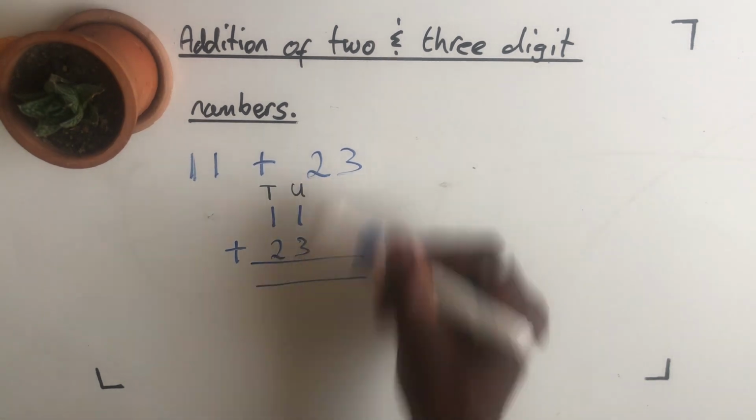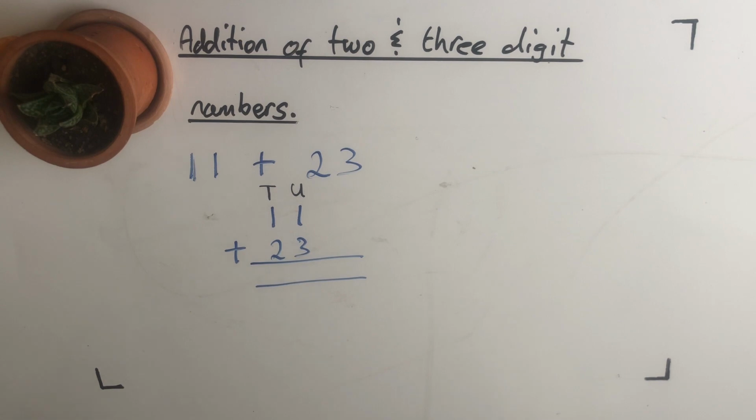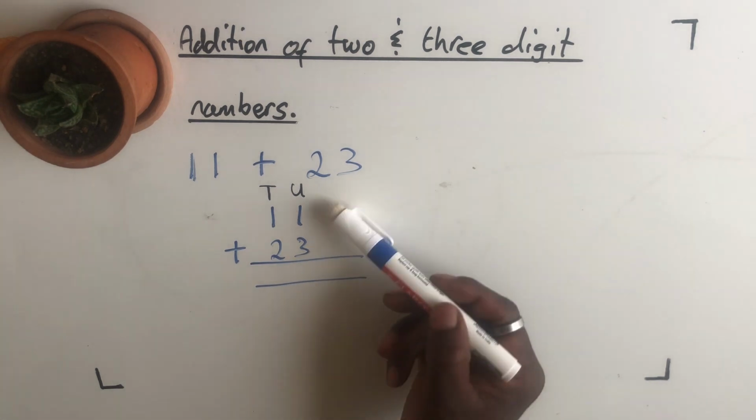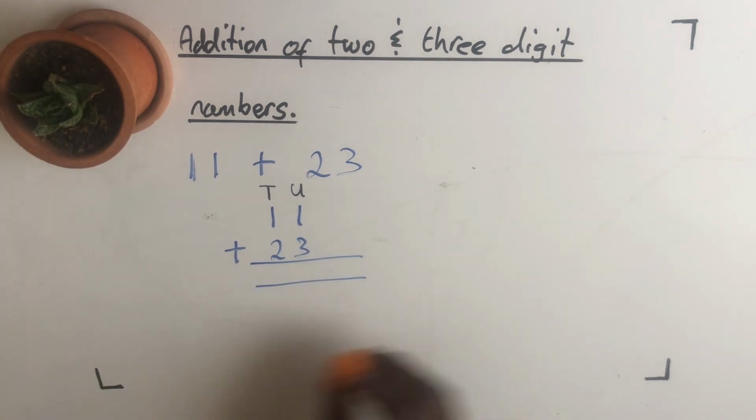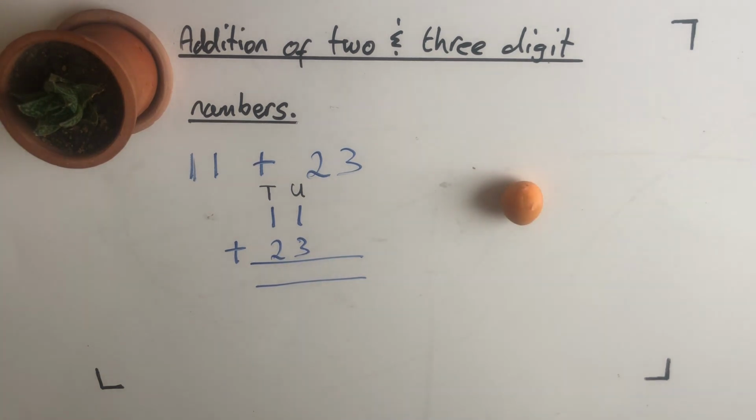So I attack the units first. For 11, there is 1 unit, plus 3 units.